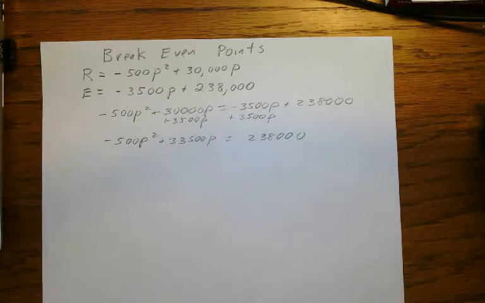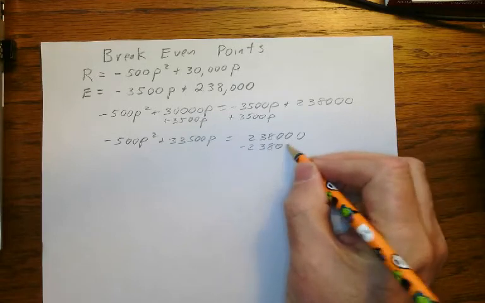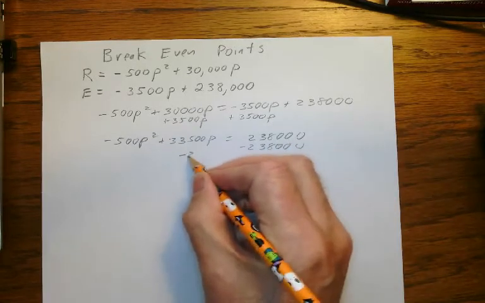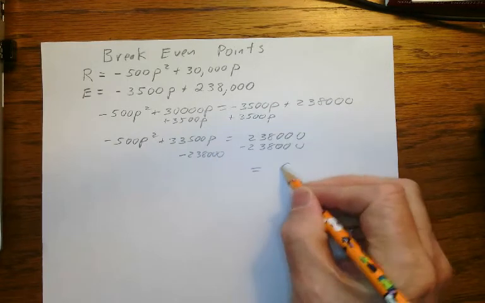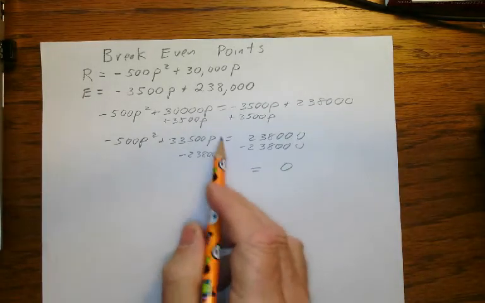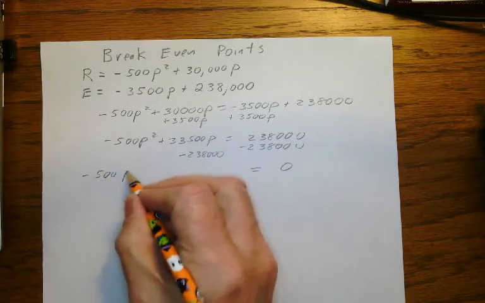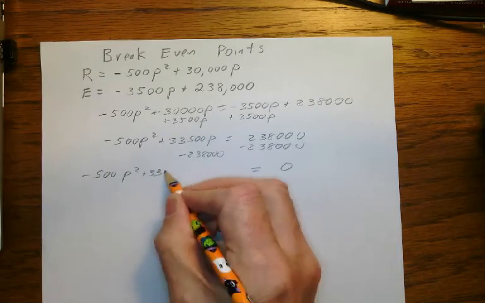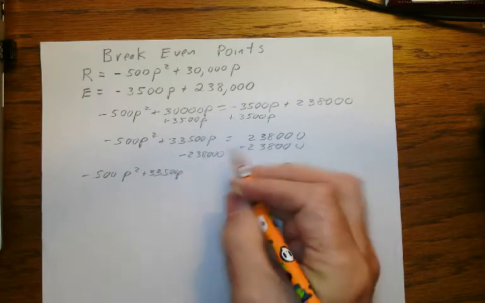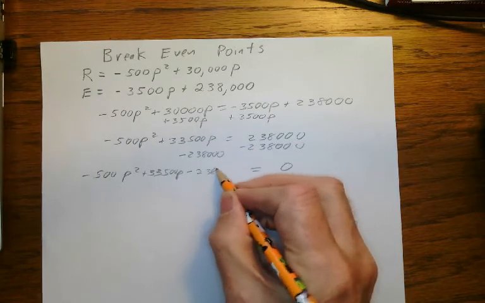Now our last step is to subtract this number. You see on the right side we have a 0. Now there's no like term to subtract this from, so we just end up with 500 p squared plus 33,500 p minus 238,000.